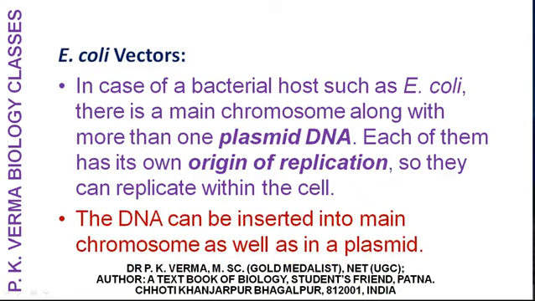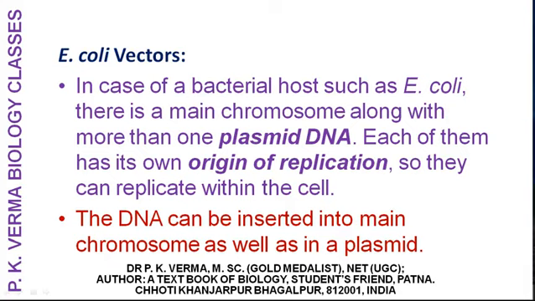Now what are the various types of cloning vectors? The most common one is the E. coli vector. In case of a bacterial host such as E. coli, there is a main chromosome along with more than one plasmid DNA.